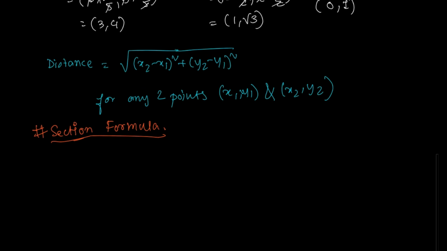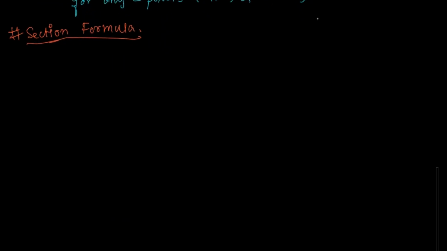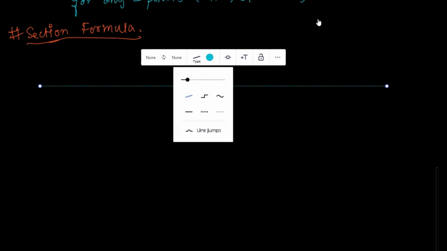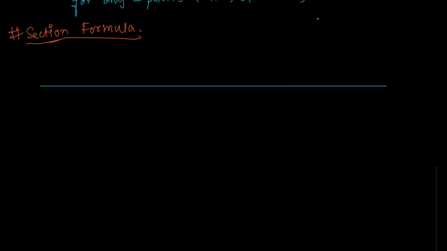Let's see how. Section formula: like, a line is there. Dotted line. It should be a straight line.